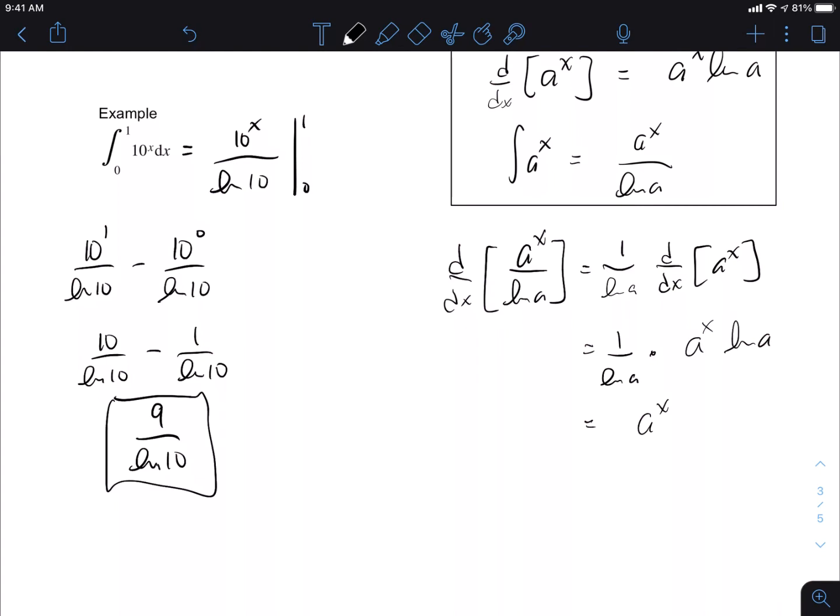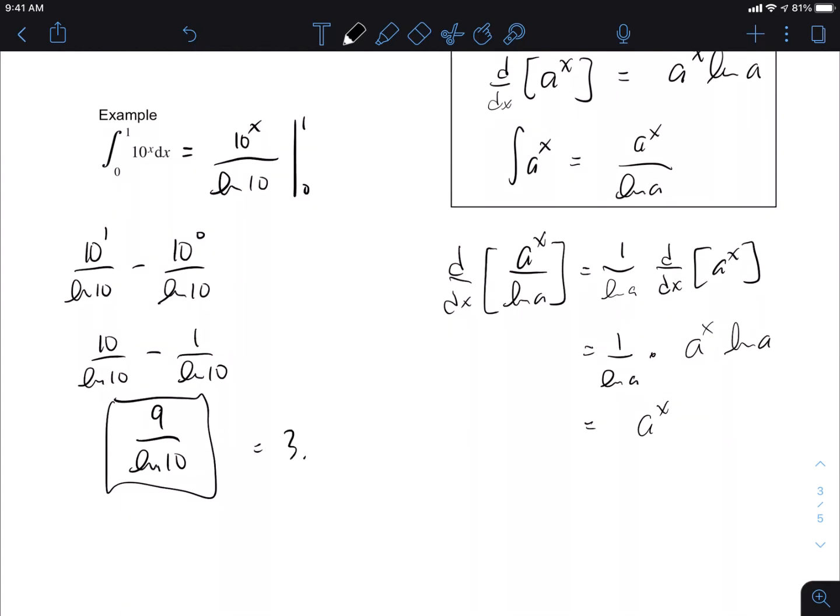My calculator, yeah. So look, this is the same as 3.90865. The 9 over ln of 10 is just more satisfying to me. If we were given a test and you put this question on there, and you didn't say evaluate, would you want us to keep it in that form? Okay, so careful with your language.